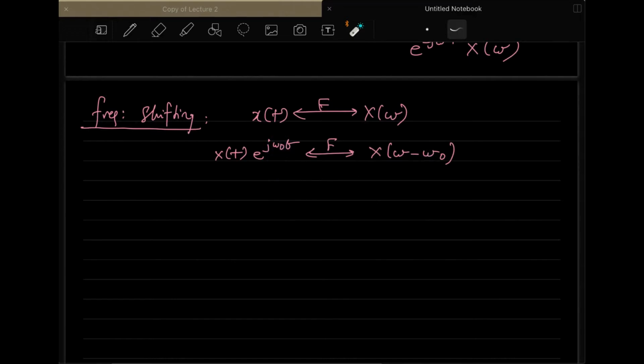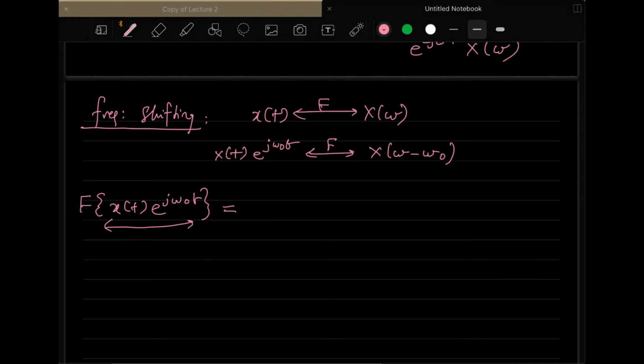If you want to prove this, it's very easy. You take the Fourier transform of x(t) e to the power j omega naught t. That is the integral of x(t) e to the power j omega naught t, and then e to the power minus j omega t dt.